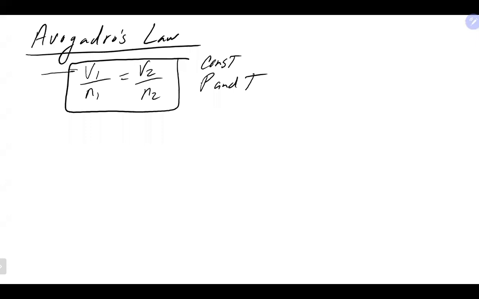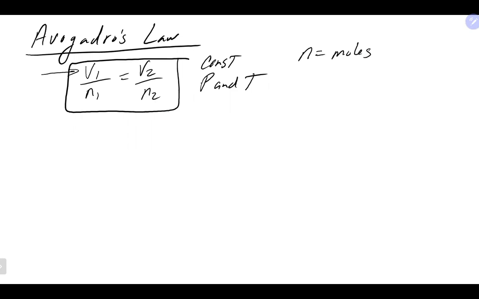The V's here are volume, and they could be any volume unit you want, milliliters, liters. The N here is moles, which is what we would expect with Avogadro, which is all about moles. So N is the number of moles. Basically you could plug and chug into this like any other equation. If you've got a couple of volumes, you can find moles, or vice versa.